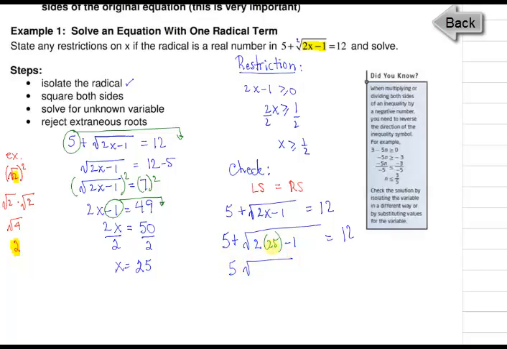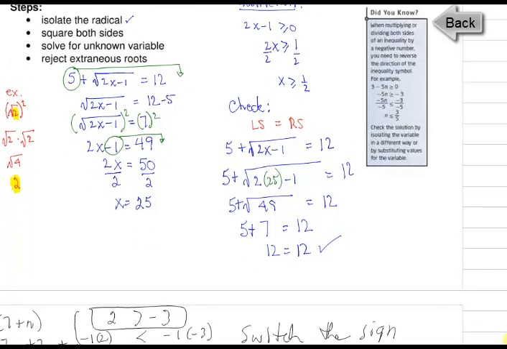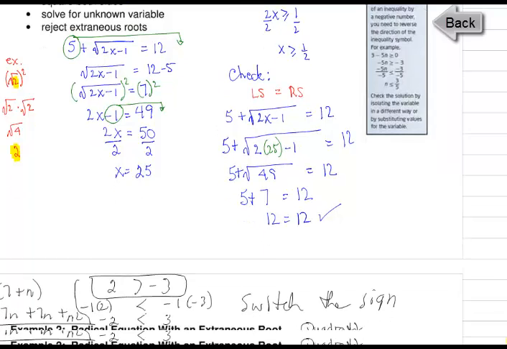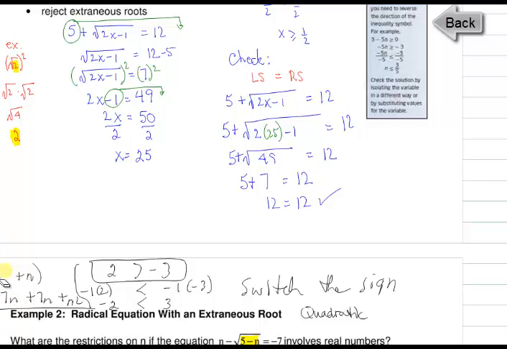You've got 2 times 25 is 50. 50 minus 1 is 49. Oops, this is plus. And then you're going to get 5 plus 7, because the square root of 49 is 7. And 5 plus 7 is 12. And so you can show that the left side is equal to the right side. Now, I didn't leave myself much room, so I'm going to get rid of this.